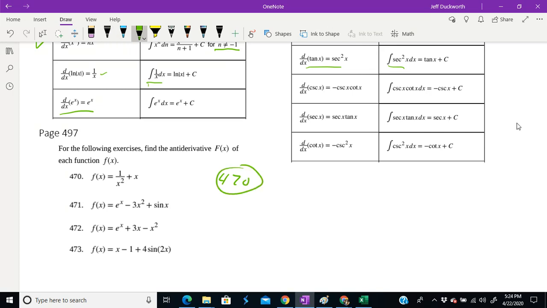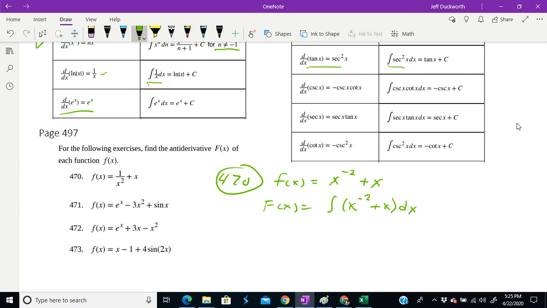Number 470, I'm going to rewrite this. One over x squared is really x to the -2. So if I want to find f of x, that's the integral of x to the -2 plus x dx.